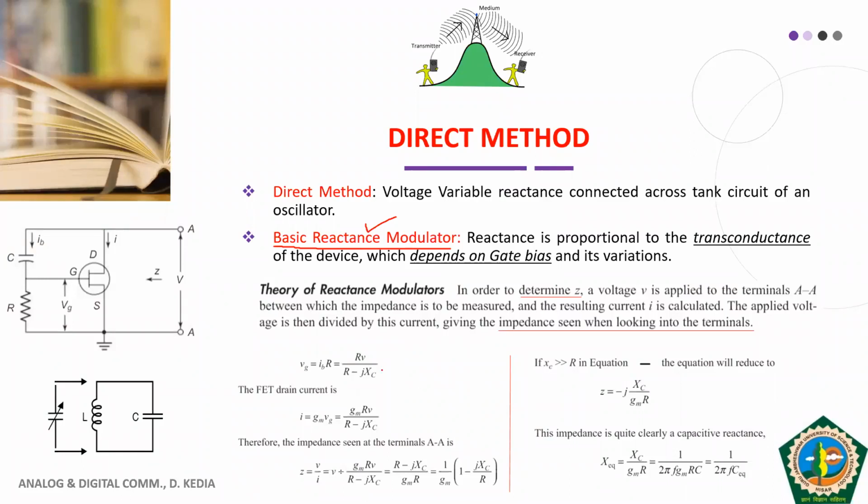Another thing is we are studying the circuit of the basic reactance modulator. On the left hand side, if you see the circuit, the above figure, it is your basic reactance modulator, and this reactance modulator will be connected with your tank oscillator circuit. Fine. So the above circuit is only a part of the total circuit. We are simply discussing how to have variable reactance, this part only.